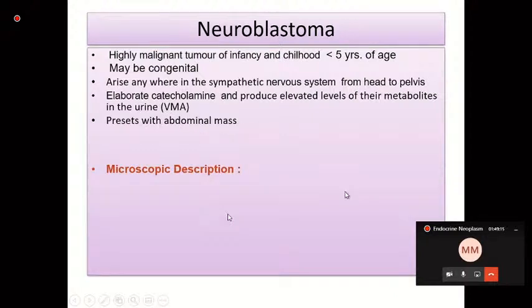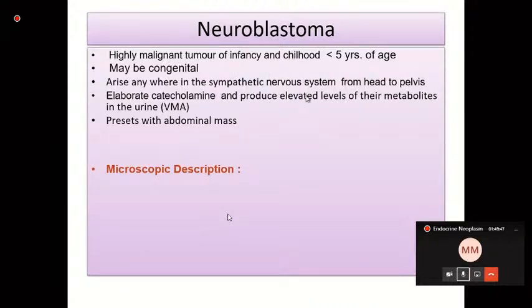So if we see the child with the high VMA, it arises from the sympathetic nervous system.